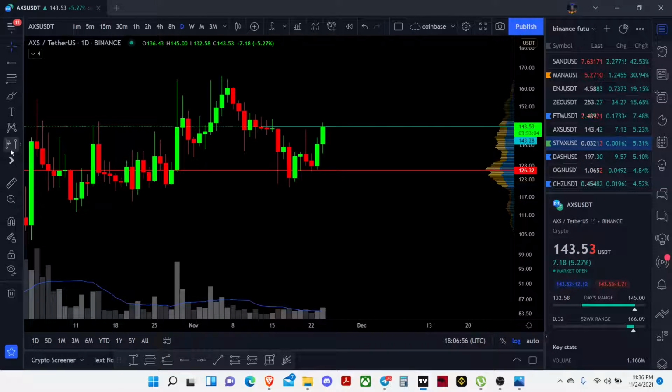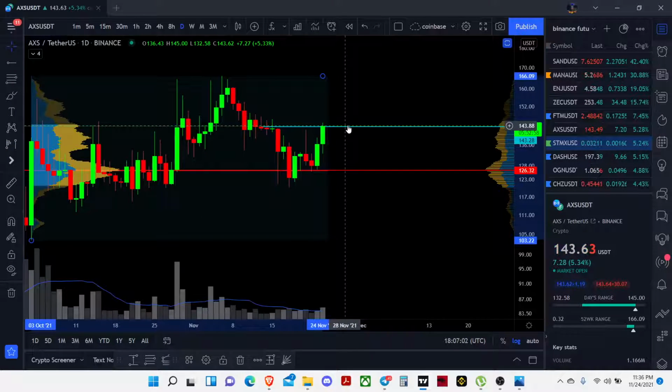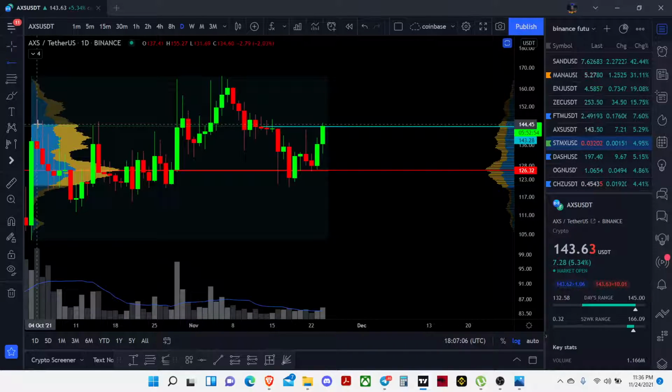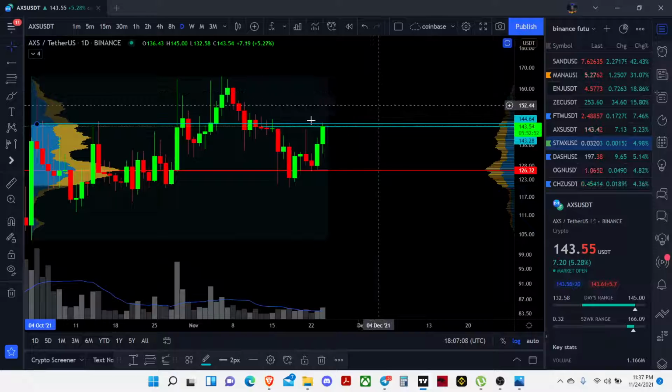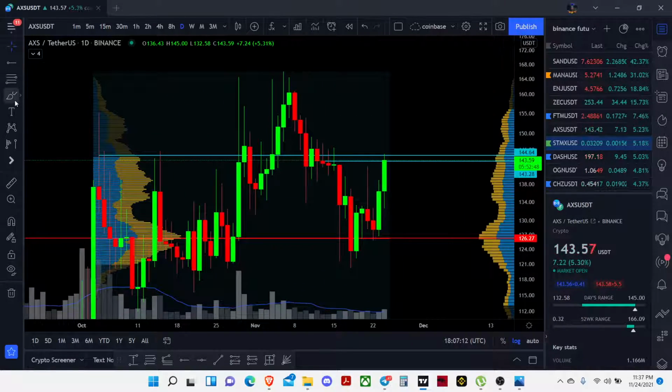If I'm drawing a volume profile from this line to here, you can see this is the VAH to the POC of the above session and this thing is coming together. So this is a big resistance for it.